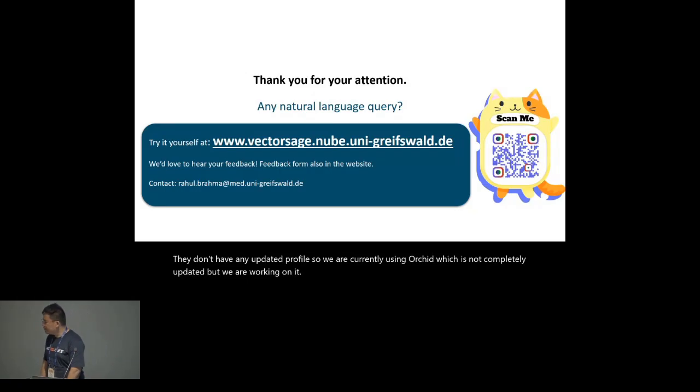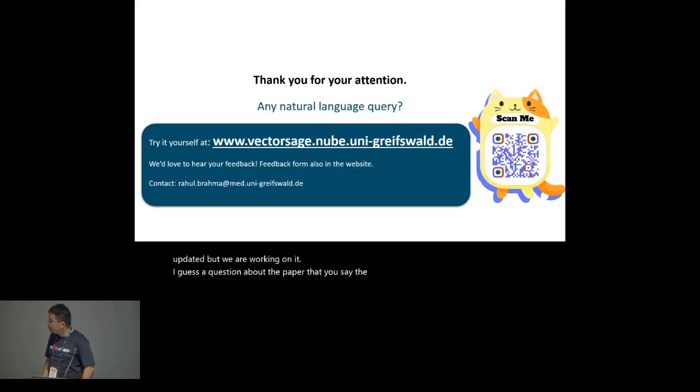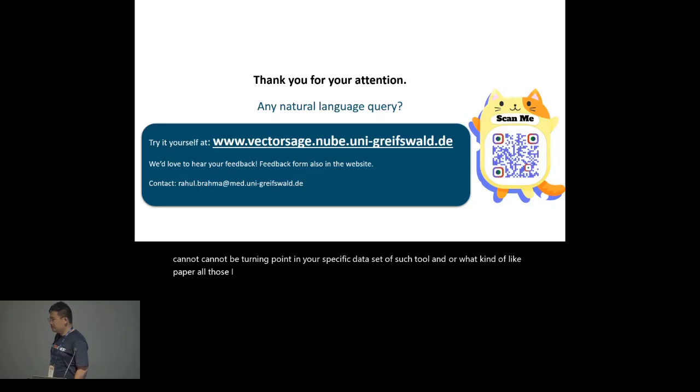I guess I have a question about the papers where the abstract is missing or cannot be retrieved from PubMed. I was wondering what's the percentage of papers that cannot be a training point in your specific dataset or search tool, and what kind of papers are those? Based on my lab's experiments, those could probably come from specific journals or maybe old papers.